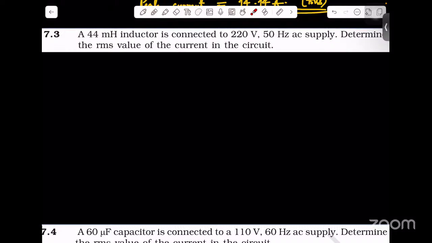So the inductance L is 44 mH, which is equal to 44 into 10 raised to the power minus 3 H in SI units.